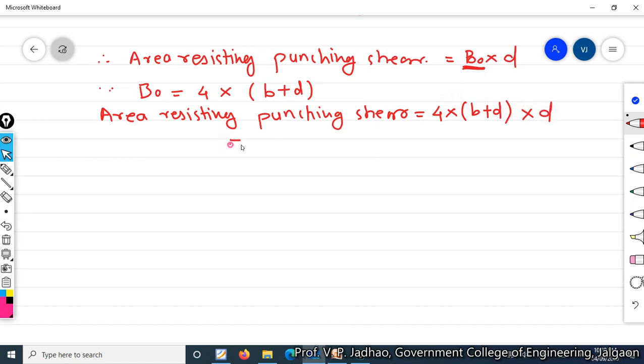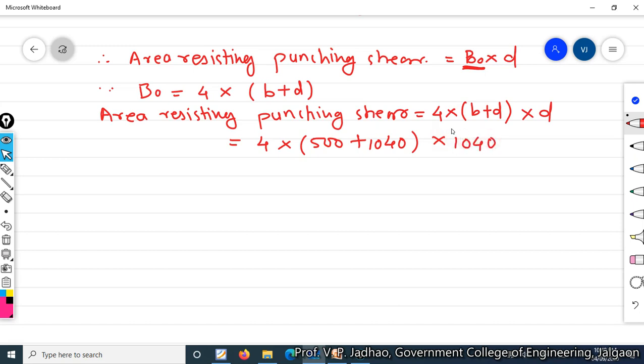So this is equal to 4 into, we have b equal to 500 mm plus depth, where depth is 1040, that is the revised depth, multiplied with 1040, our depth.